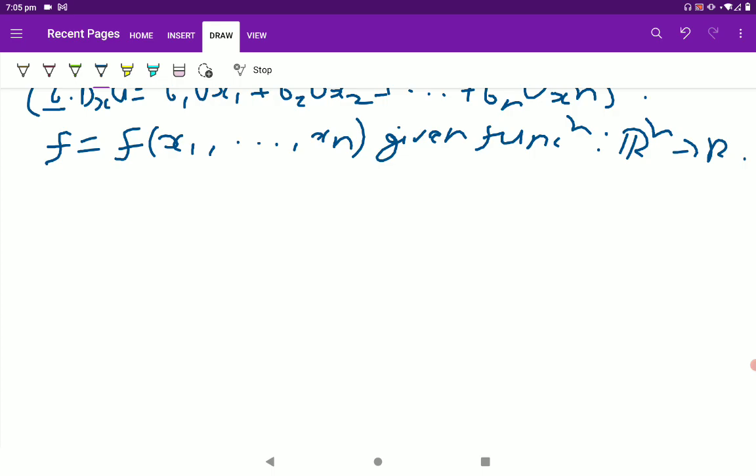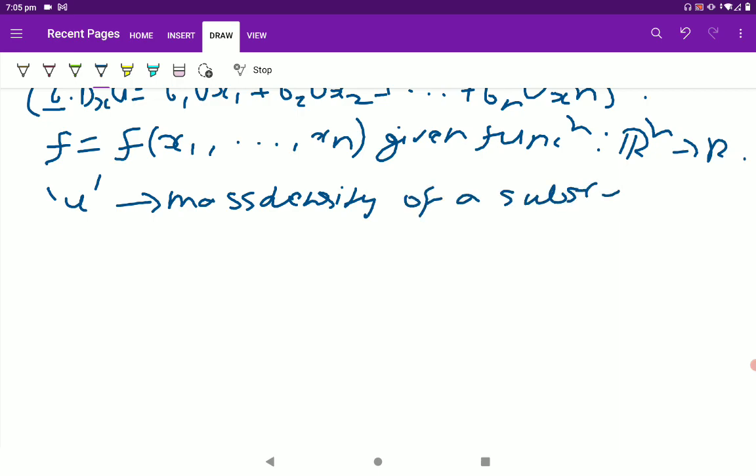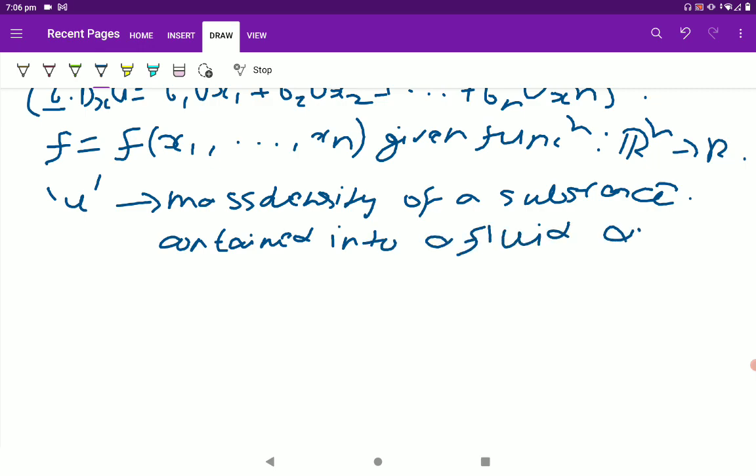So in this equation the function u represents the mass density of a substance contained in a fluid and transported by the fluid itself.